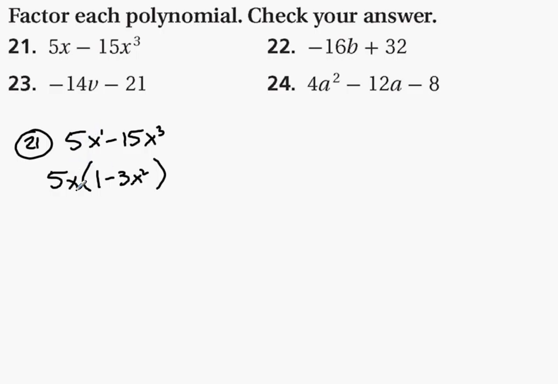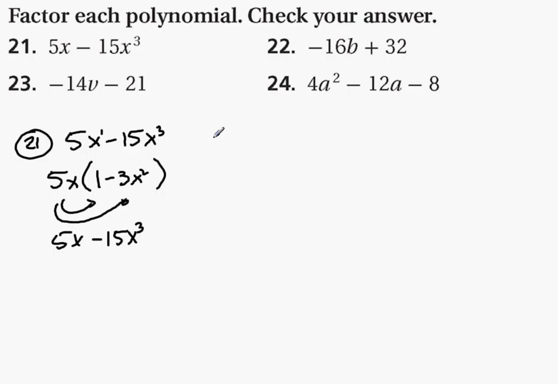In other words, distribute. Multiply 5x by 1, then multiply 5x by negative 3x squared, and see if we get the original expression. 5x times 1 is 5x. 5x times negative 3x squared is negative 15x to the third. So yes, indeed, ladies and gentlemen, that is the correct factorization for that particular polynomial.